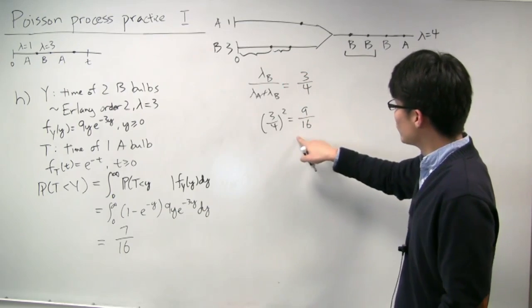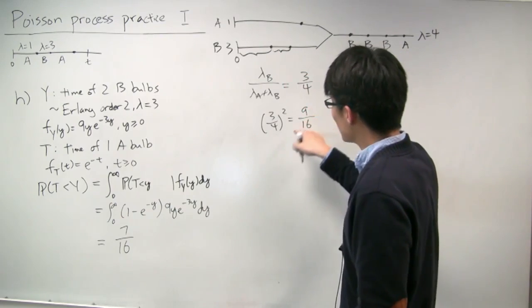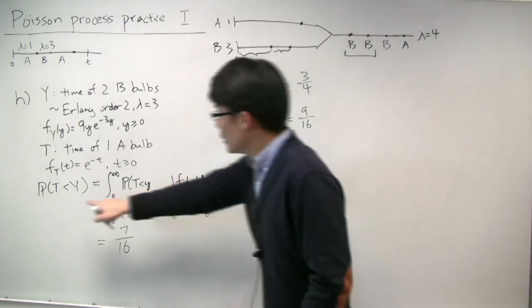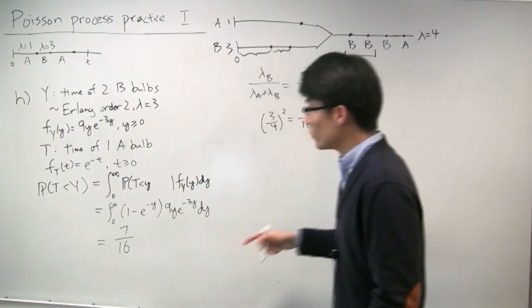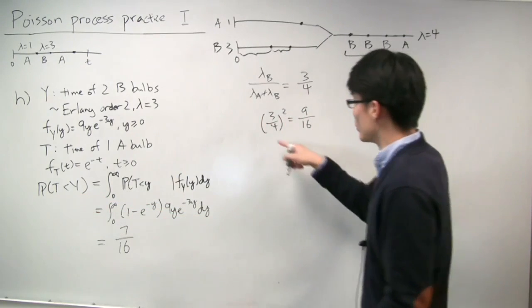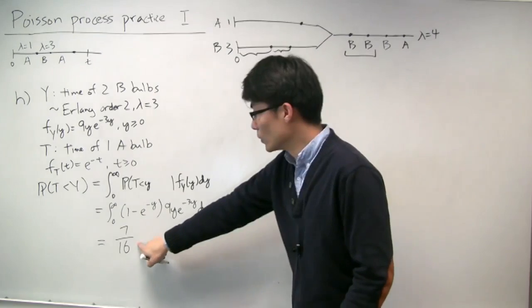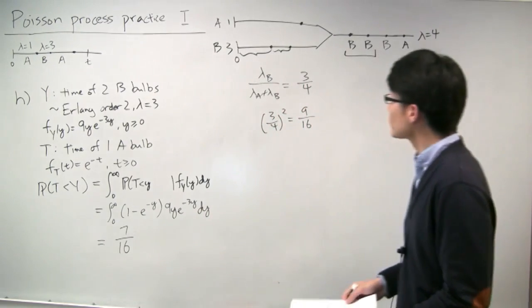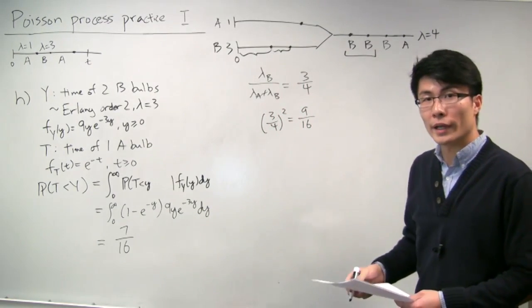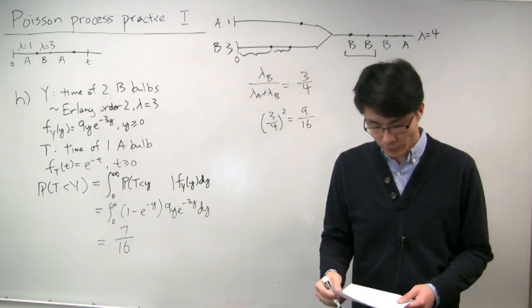So what we just found, 9 over 16, is the probability that t is greater than y. So to find the probability that y is greater than t, we just subtract that from 1. And when we subtract that from 1, we get the same answer, 7 over 16. So that's just another way of calculating the same probability.